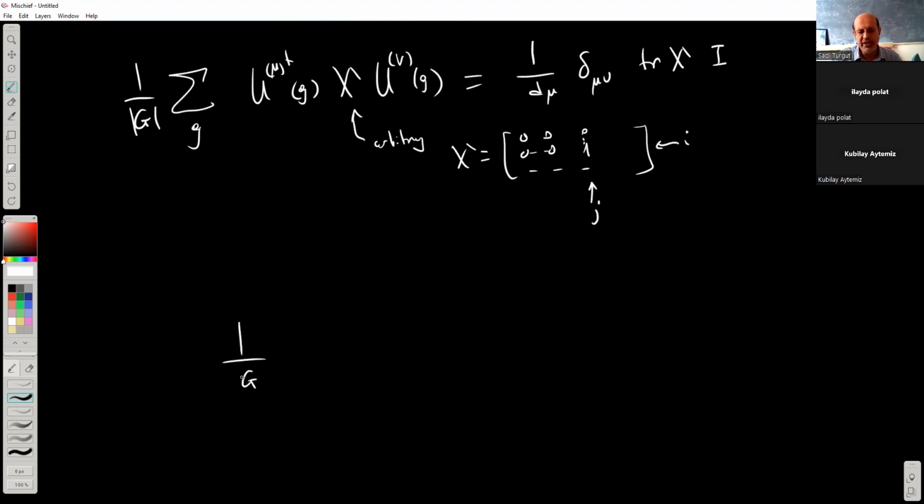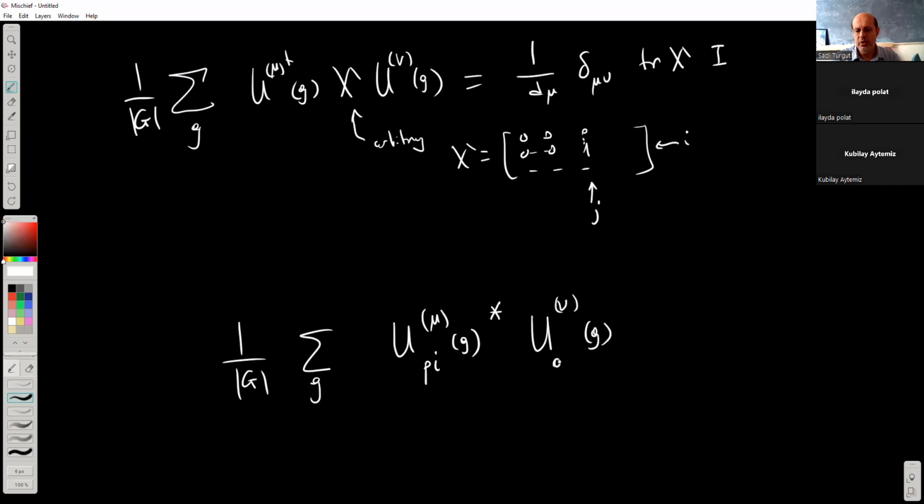So that's 1 over the order of the group times the sum over the group elements. Here, I'm just going to write down the matrix elements. So that's u mu of g, pi. P and i are just integers. We just have the complex conjugate in here. And then u nu of g, qj.